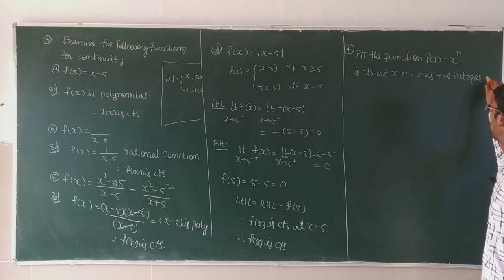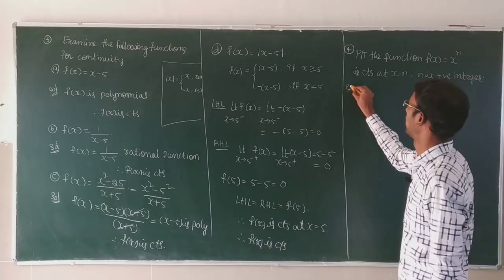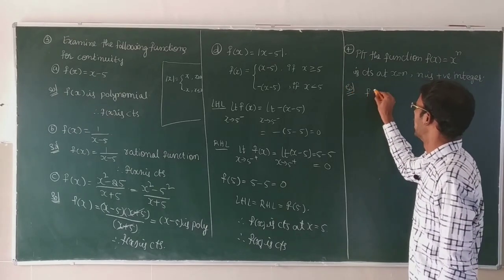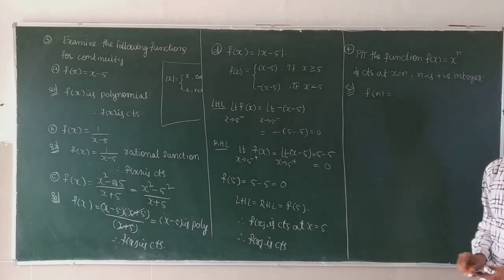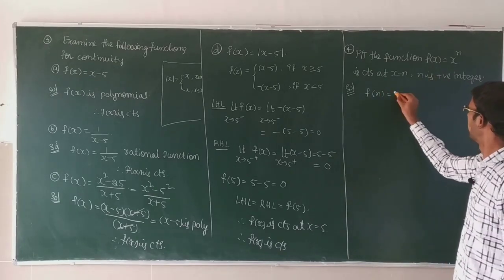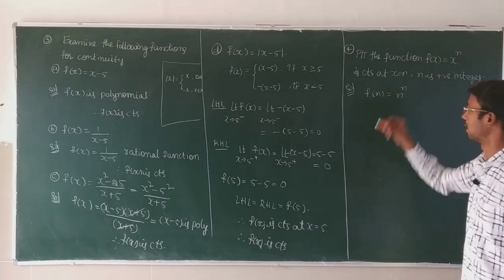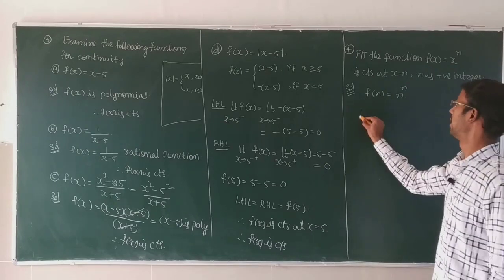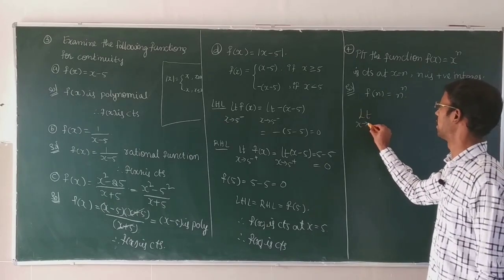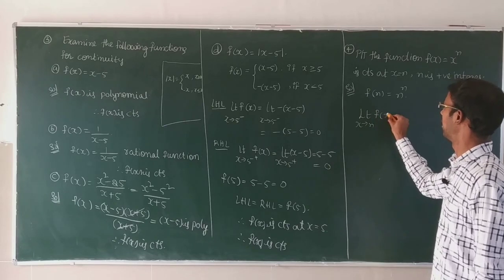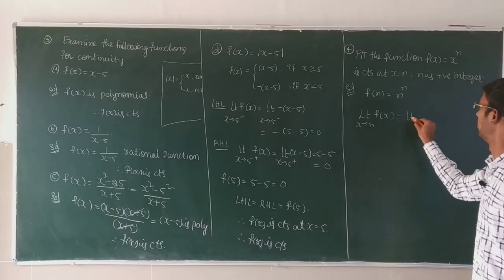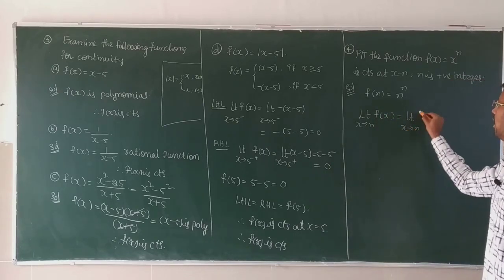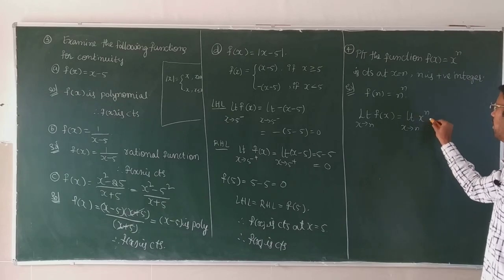N is a positive integer. First I'll find f of n. F of n means n power n. Next, I find the limit as x tends to n of f of x, which is the limit as x tends to n of x power n.